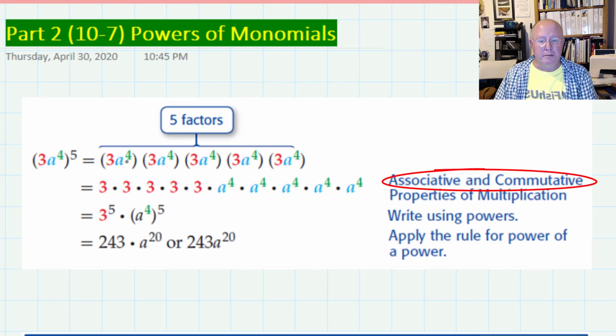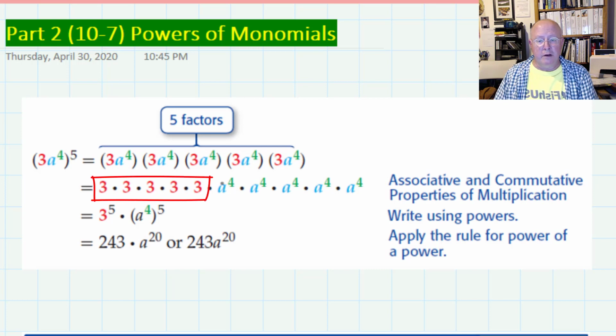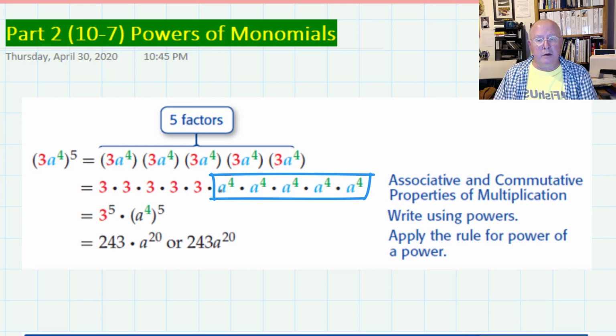Math allows you to pull and separate these apart. So we're going to pull all of the 3's apart and put them together. So here's 1, 2, 3, 4, 5. And then we're going to take all the a to the 4ths and put those together, and there's 5 of those. If you have 3 multiplied together 5 times, that's 3 to the 5th power, times a to the 4th multiplied together 5 times, that's a to the 4th quantity raised to the 5th power.